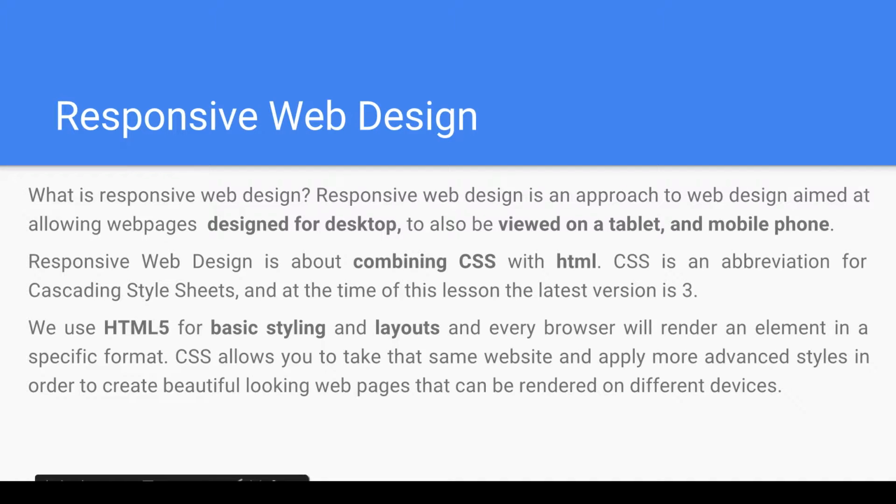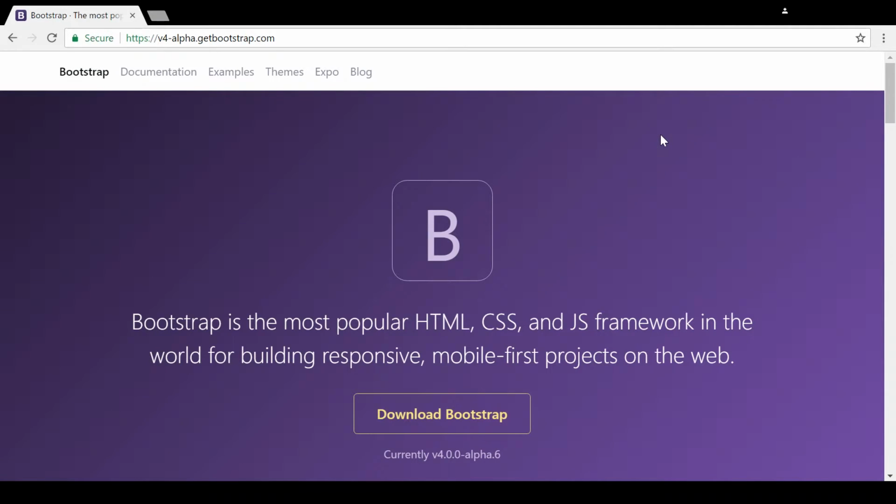Responsive web design is about combining CSS with HTML, which I will explain in a little more detail later in this lesson. Before we continue, let me open up Google Chrome and quickly show those of you that don't know what I mean with responsive web design what it looks like.